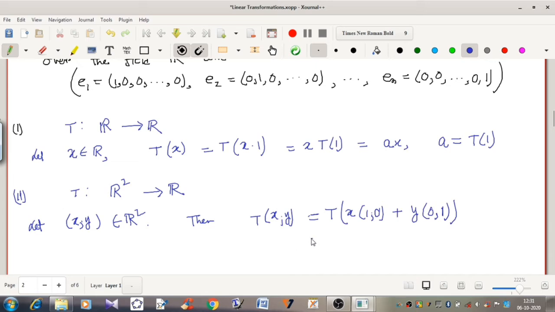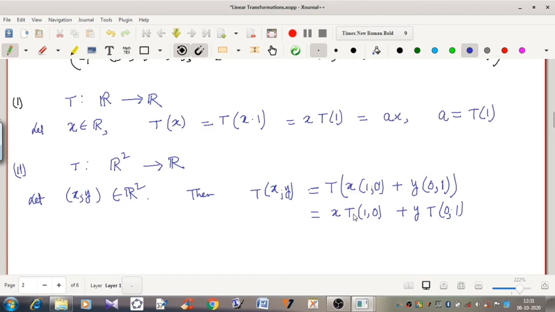Again, since x is a scalar quantity and y is a scalar quantity, and T is a linear map, we can write it as x into T of (1 comma 0) plus y into T of (0 comma 1).